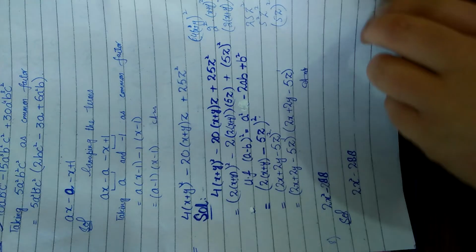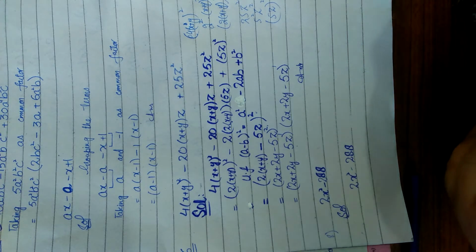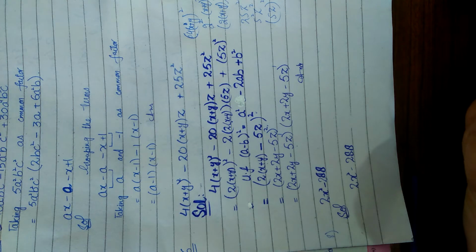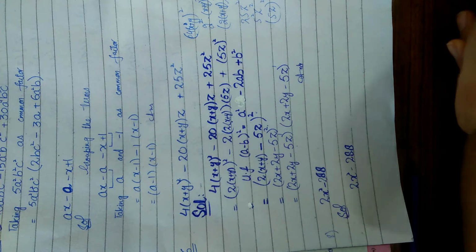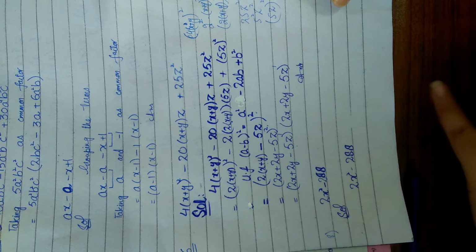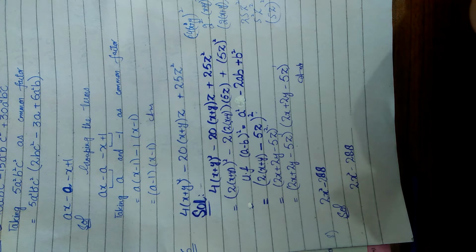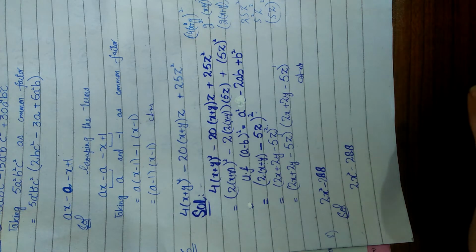Now the third type we will discuss here, that is we are given a question about the third type, that is 2x square minus 288. Here we will discuss type 3, that is the a square minus b square form. x square is a perfect square, but its coefficient is not a perfect square, and definitely 288 is also not a perfect square.